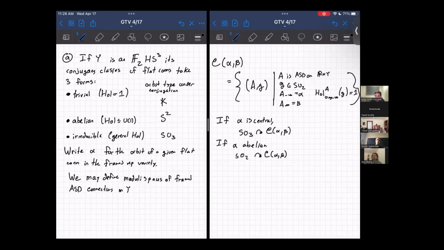And the last bit of data I want to mention is that I fixed the holonomy at minus infinity, but I can still take parallel transport to plus infinity. That gives me a map from this space to that orbit of framed flat connections, beta.